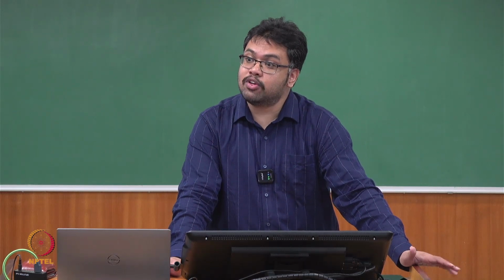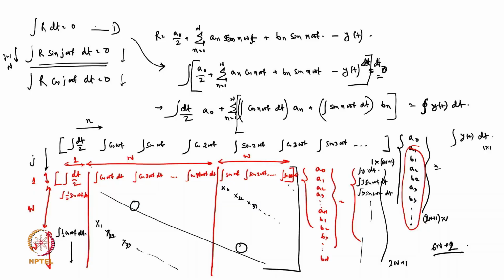And in most cases you have to perform those integrations. So now here, how many integrations does the computer have to perform? Tell me. In the right side we will have 2n plus 1 integrations.